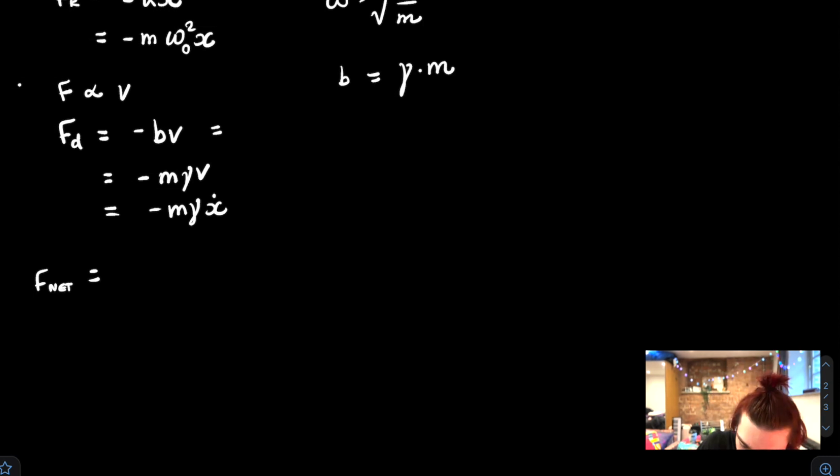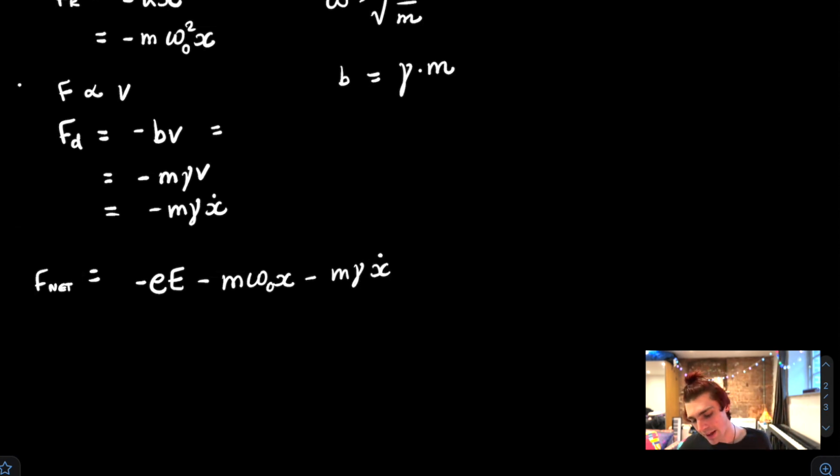So we have our electric force, which is given by minus eE. Of course, we're also going to have our restoring force, which is minus m omega naught squared x, and our damping force, which is m gamma x dot.